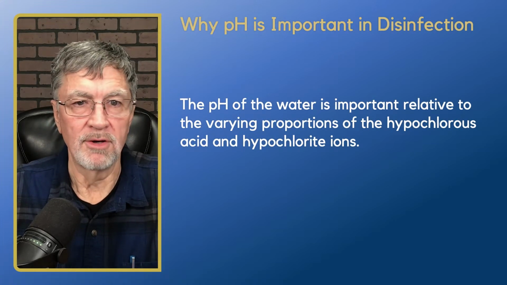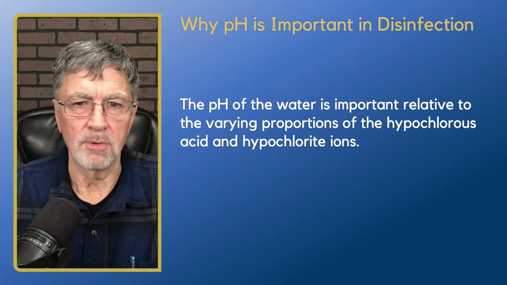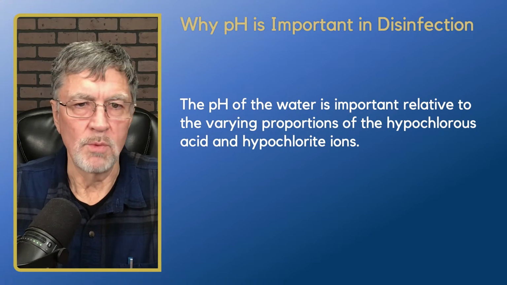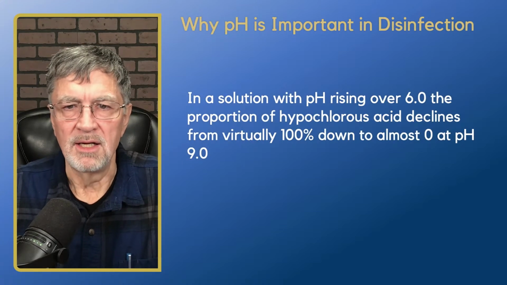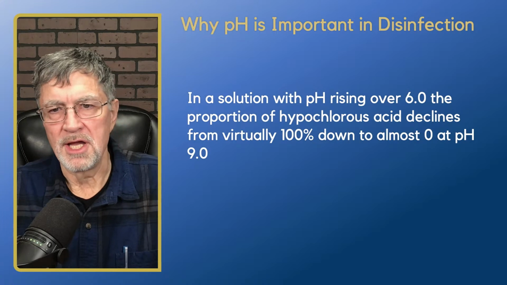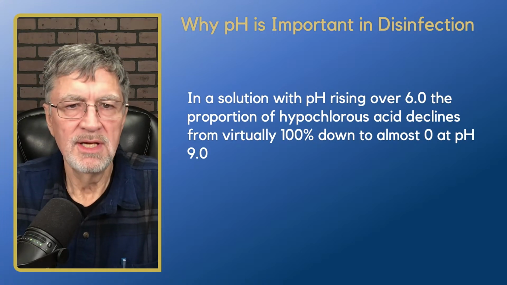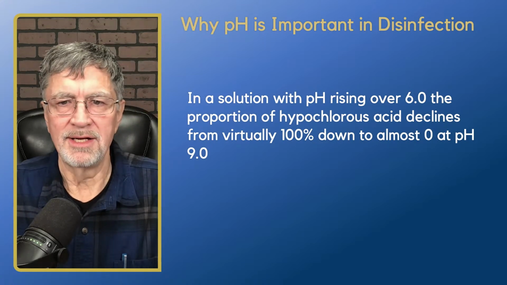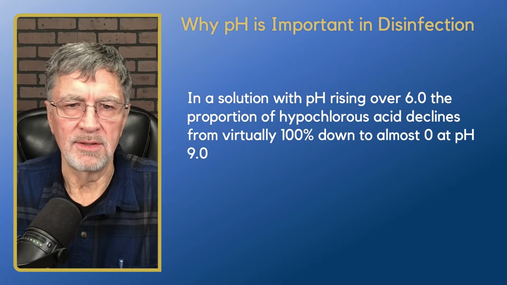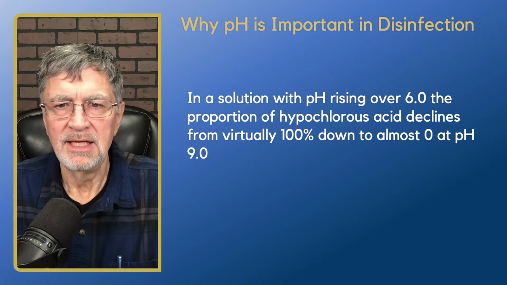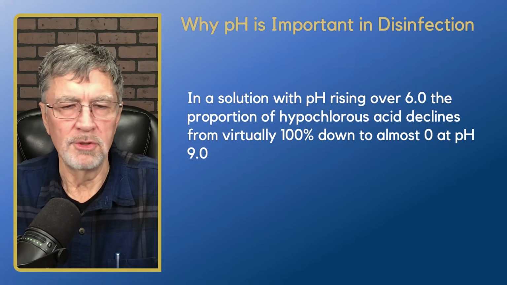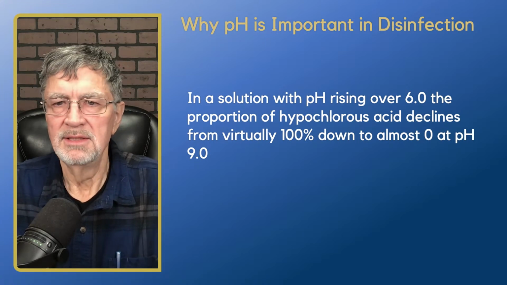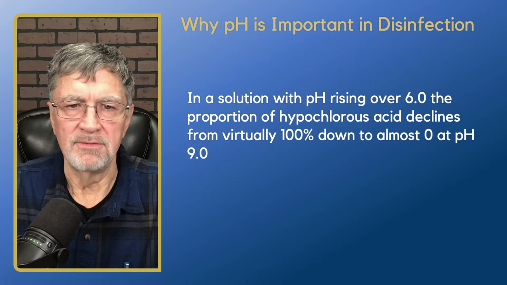The relative proportions of the hypochlorous acid and hypochlorite ions vary with pH, and so that's why we want to monitor it. In a solution with pH rising over 6, you start to reduce the proportion of hypochlorous acid and shift it to the hypochlorite ion, and you will virtually lose all your hypochlorous acid at a pH of 9.